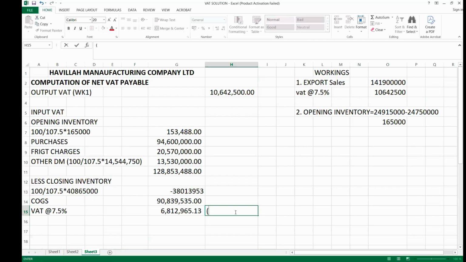So this will now be our input VAT, which is 6,812,965.